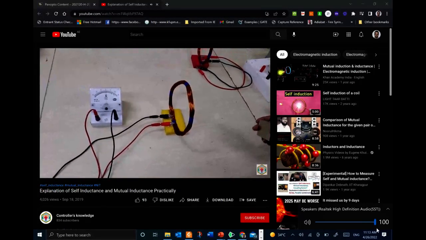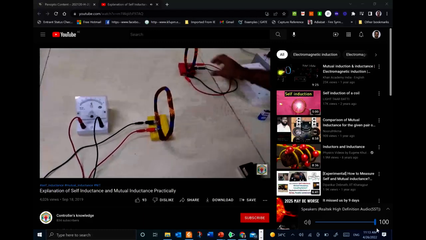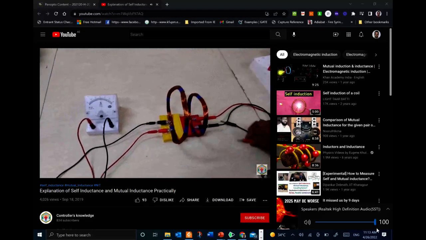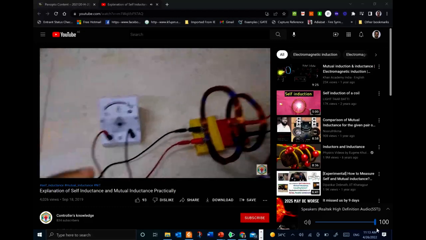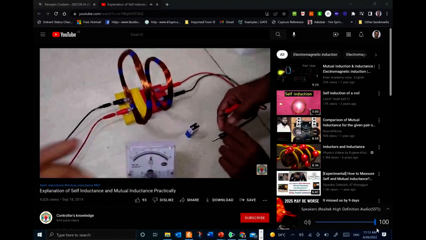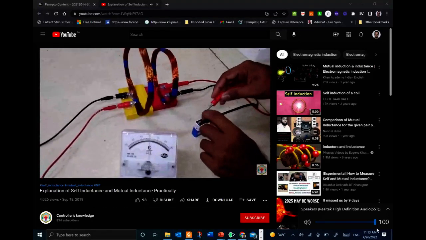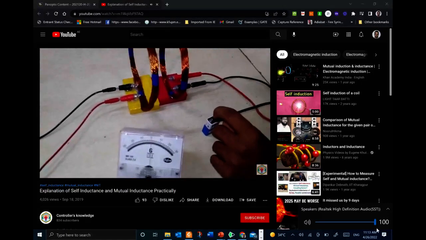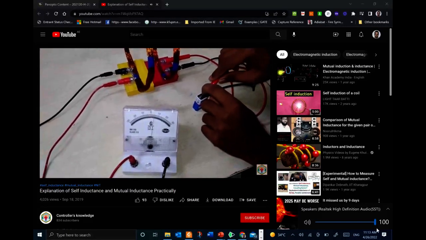If you want to depict mutual inductance, let us consider two coils, one beside the other, and we will excite one coil with the help of this battery. When we excite the battery, there will be a current flow in the coil, which induces an EMF in the secondary coil, such that there will be a deflection.